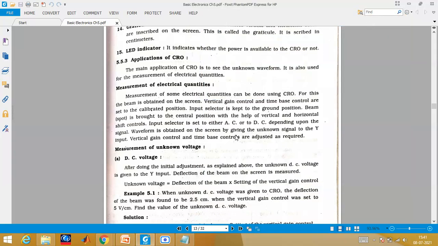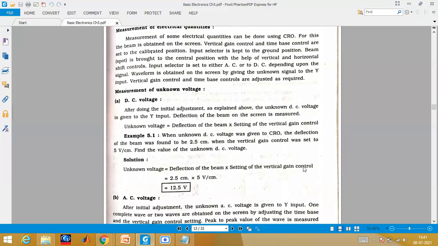Now there are certain questions that can come in your exam. I'll read out this problem and explain how we can do it. When an unknown DC voltage was given to a CRO, the deflection of the beam was found to be 2.5 centimeter, and the vertical gain control was set to 5 volt per centimeter.